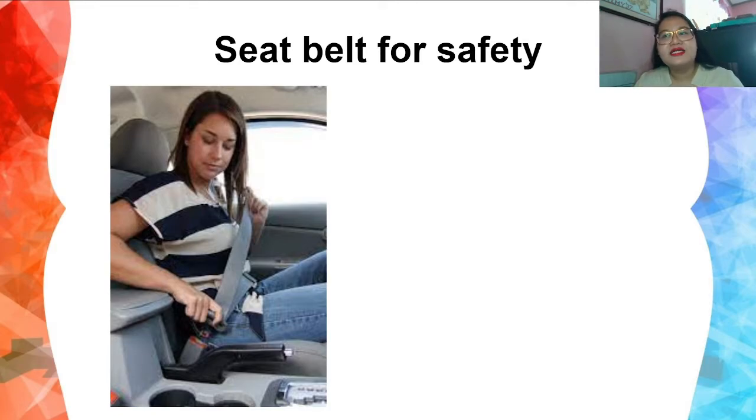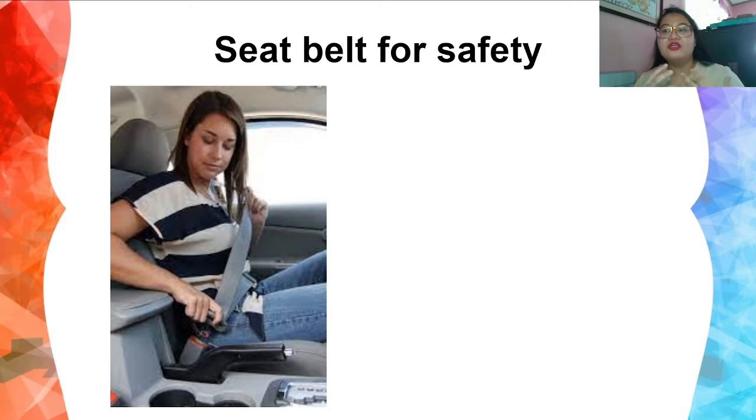Pansin nyo ba kapag sumasakay kayo ng jeep? Noong mga panahon na sumasakay pa kayo ng jeep, diba? Kapag umandar na yung jeep, ang movement ng katawan ninyo ay palayo doon sa driver. Tapos, kapag biglang huminto yung driver, napakabilis ng takbo niya, bigla siyang huminto, mapapansin nyo, lahat kayong pasahero, ang movement nyo forward, papunta sa driver. Tama? Yun ay dahil din sa inertia.